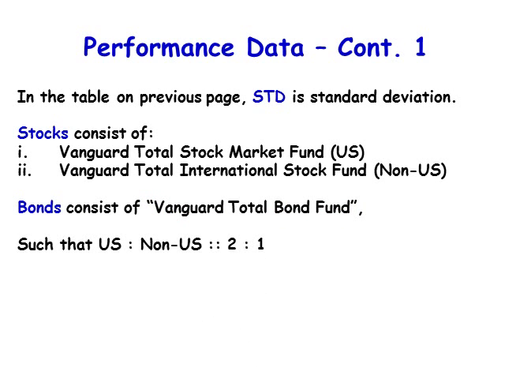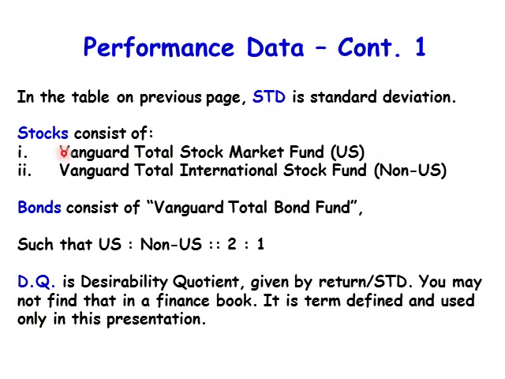The US to non-US ratio is 2 to 1, so we have twice as much of the Vanguard Total Stock Market Fund as the Vanguard Total International Stock Fund. So the data we just saw is for this mixture: US is twice as much as non-US, and for bonds we only have the Vanguard Total Bond Fund.